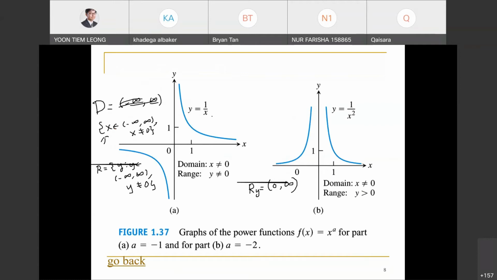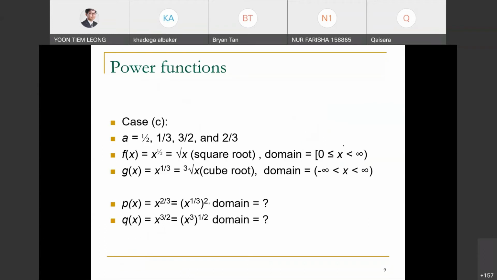So here I only show you an example of the powers equal to minus 1 and minus 2. Now you can also have a situation where the power function f(x) equals x to the power a, where a is a ratio of two integers, say n and m, where n and m are just integers. It is possible to be like that.